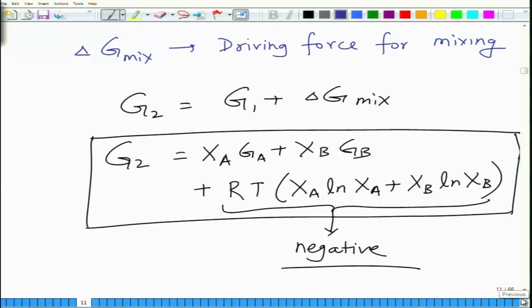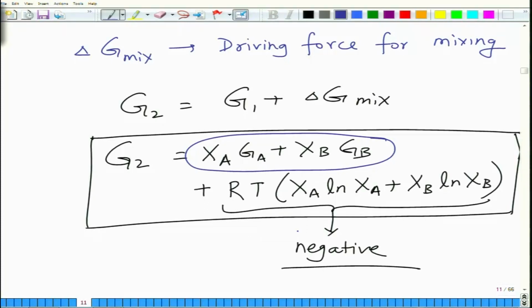So, delta G mix is nothing but the driving force behind mixing, and G2 is G1 plus delta G mix. So, the final free energy after mixing, G2, is XA GA plus XB GB, which is the original component before mixing, plus the third term that you have added, RT times Xa ln Xa plus Xb ln Xb, and this term is negative.